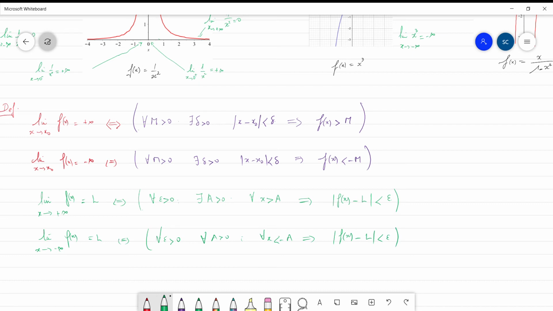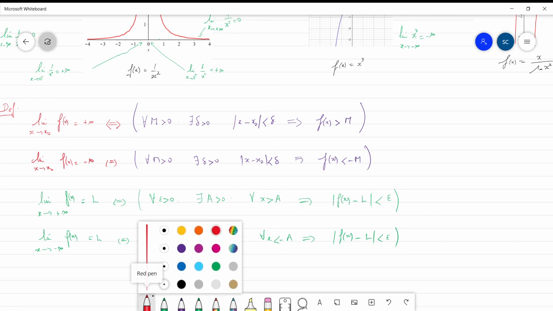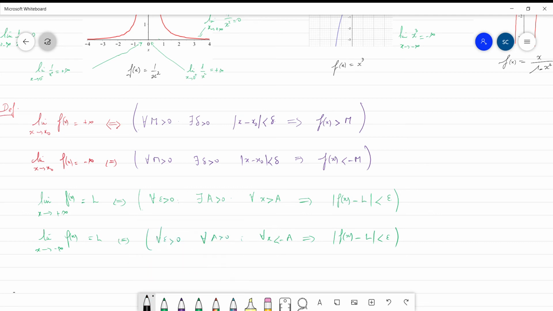So let's just quickly give an idea of the proof for checking the limit that 1 over x squared, for example, as x approaches 0, equals plus infinity.